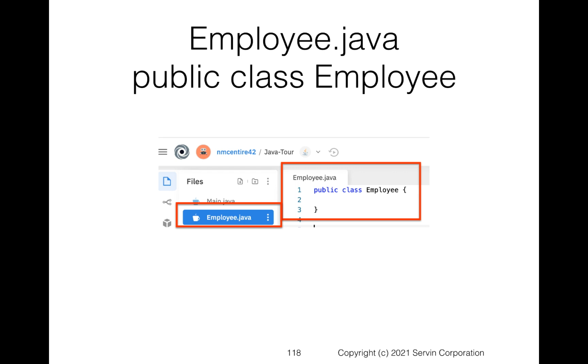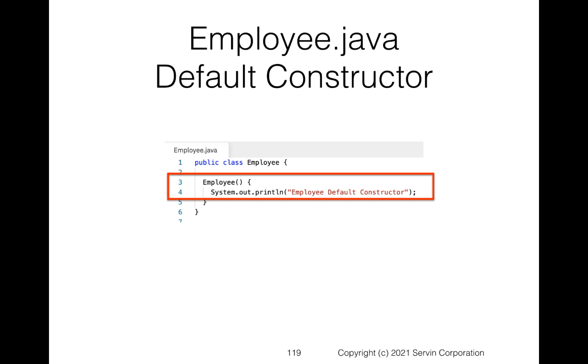Remember, employee inherits from the object, even though you don't show it here. Now we'll put in a default constructor. By saying employee, we have a default constructor, and all we'll do is say system.out.println to see that the default constructor was called.